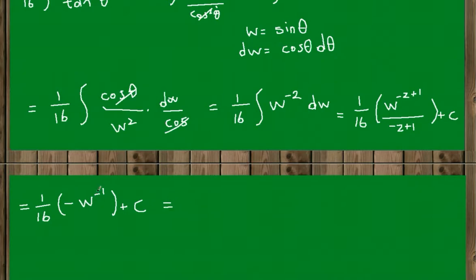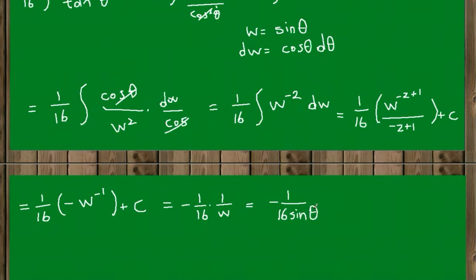We can pull the negative to the front, and it's going to be 1 over w. Let's bring w back. w was sine theta, so negative 1 over 16 sine theta.